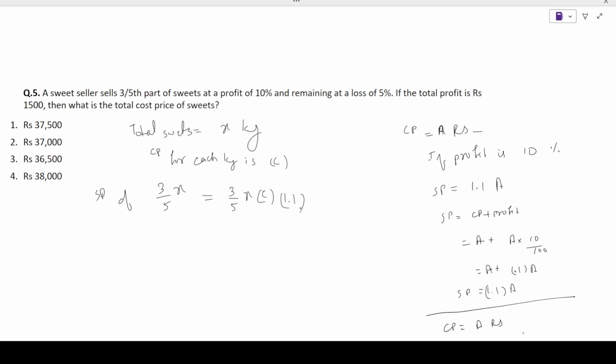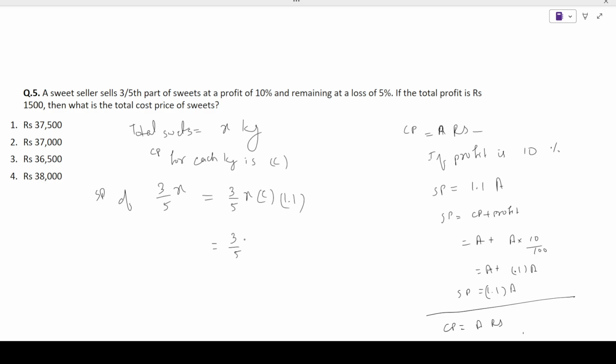Here's the tricky part. You have to understand how we got here. Since the profit is 10%, selling price will be 1.1 times of the cost price.